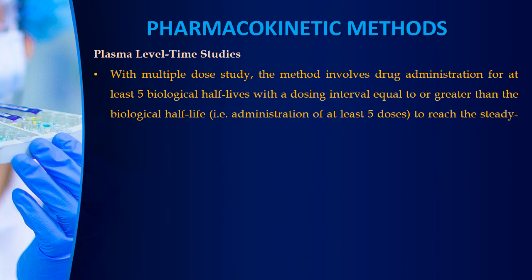That is, the administration of at least 5 doses to reach the steady state level. So what is the dose required for reaching the steady state level? Until that we will be giving the dose administration. If the steady state is achieved at the second dose, we will be giving the second dose. If it is at the fifth dose, we will be going for the fifth dose level.